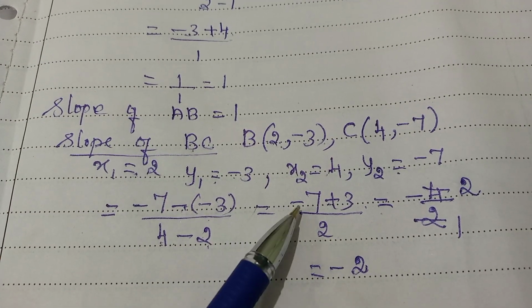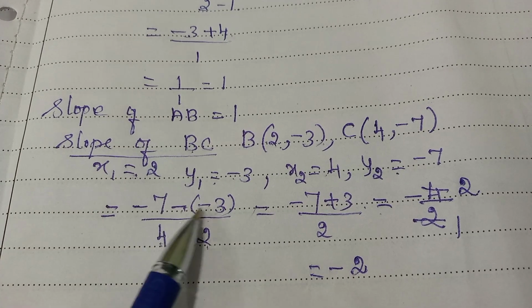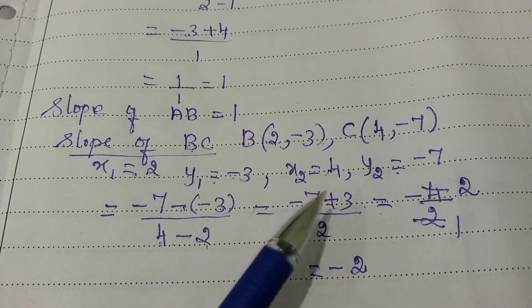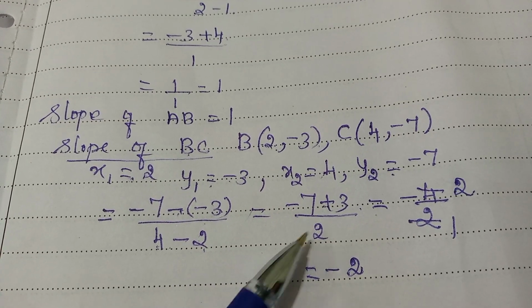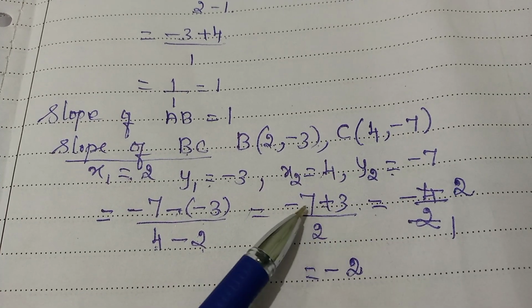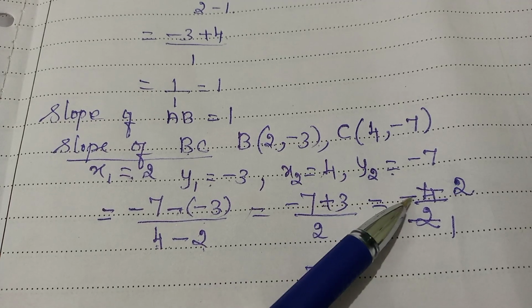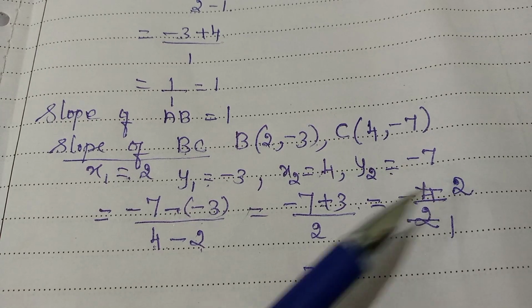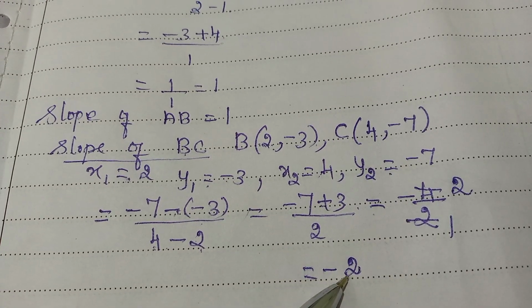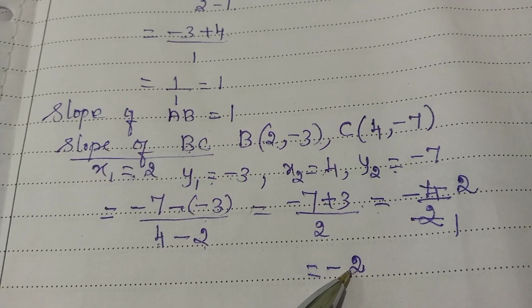Minus into minus is plus, so minus 7 plus 3 we have minus 4 divided by 2. Let's divide it: 1 2 is 2, 2 2s are 4. So we get minus 2 by 1, which is equal to minus 2.